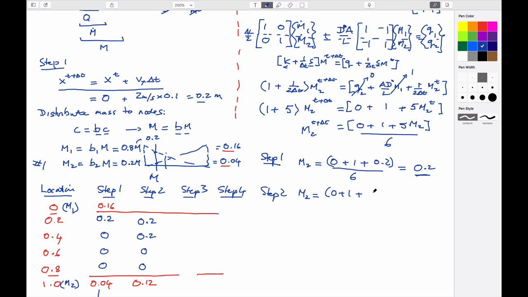So what do we say? 5 times 0.2 is 5 times 0.12 is 0.6, which is equal to 1.6 over 6, which is whatever that is. Does anyone have a calculator?